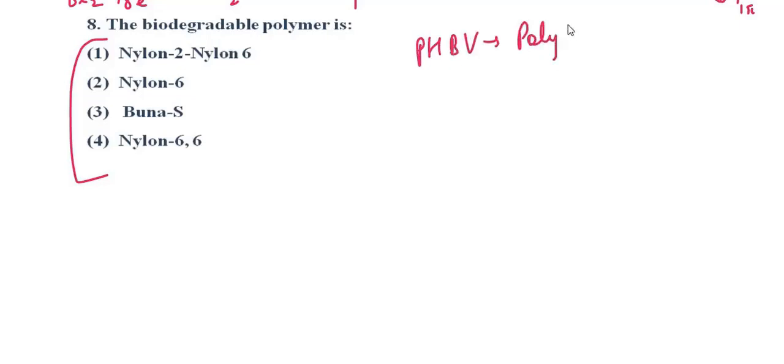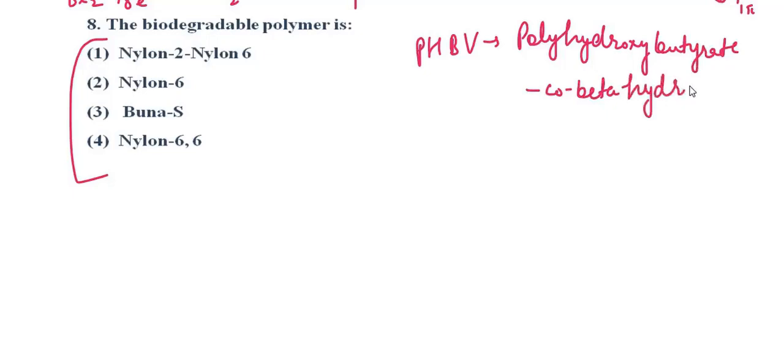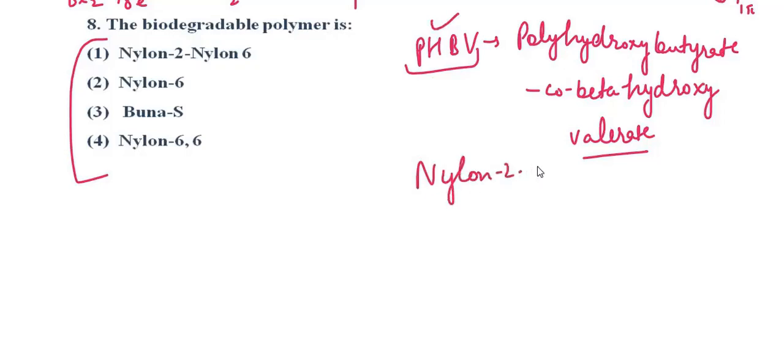This is polyhydroxybutyrate-co-beta-hydroxyvalerate, the full form of PHBV, and it is one of the biodegradable polymers. The other one is nylon 2, nylon 6.